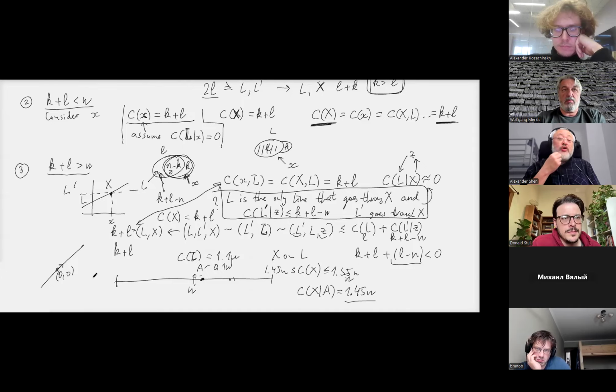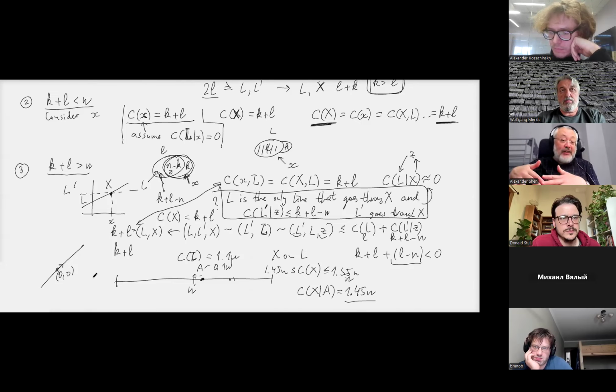So we actually have one and two dimensional subspaces in a projective space. And then we can ask, for example, imagine there is a plane. What are the maximal complexities of lines on this plane?